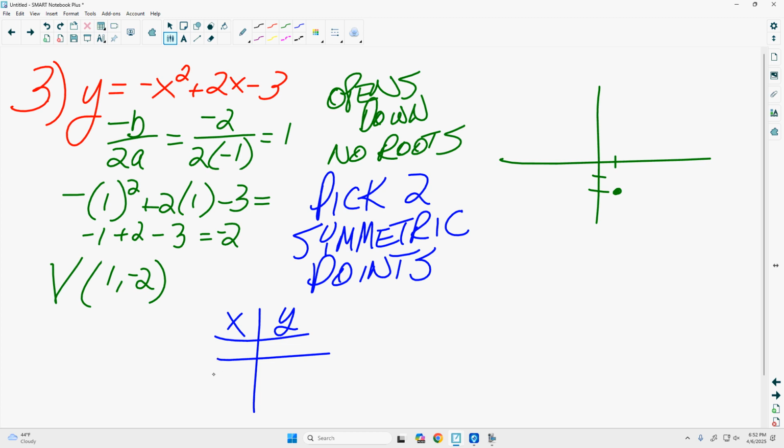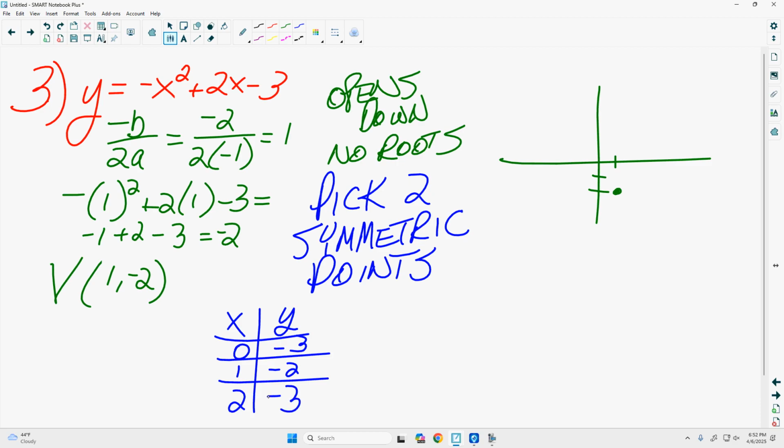So that's 1 and that's -2. So I'm going to go one smaller and one bigger. Well, luckily for us, I'm plugging in 0. So it's 0 plus 0 minus 3. So that's -3 and that's -3 because it's symmetric.